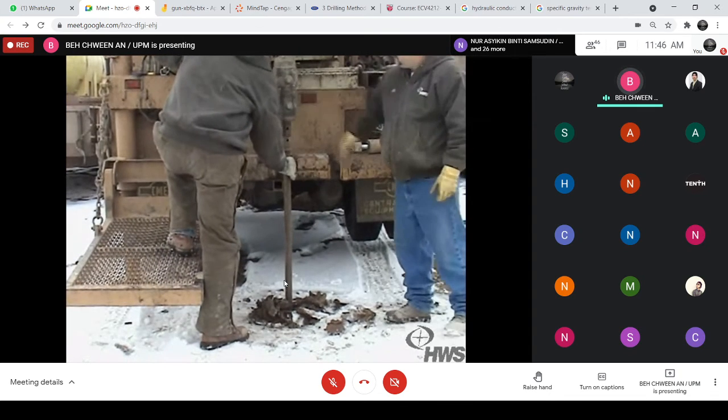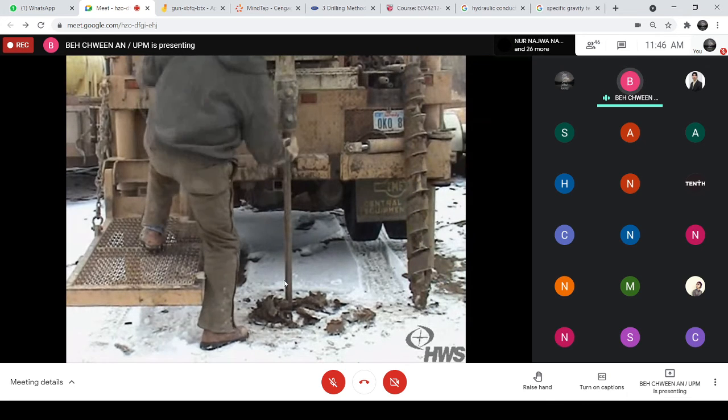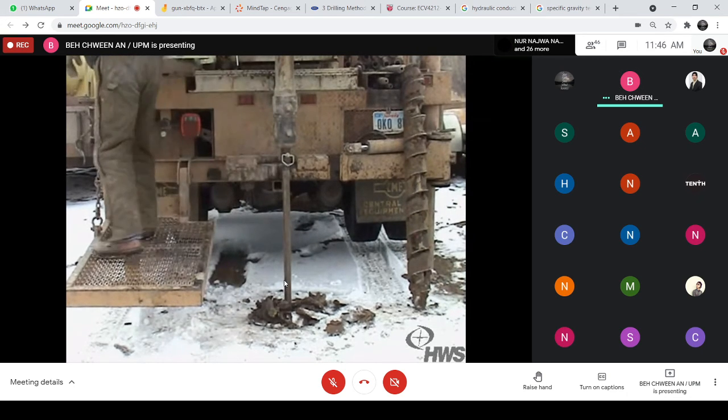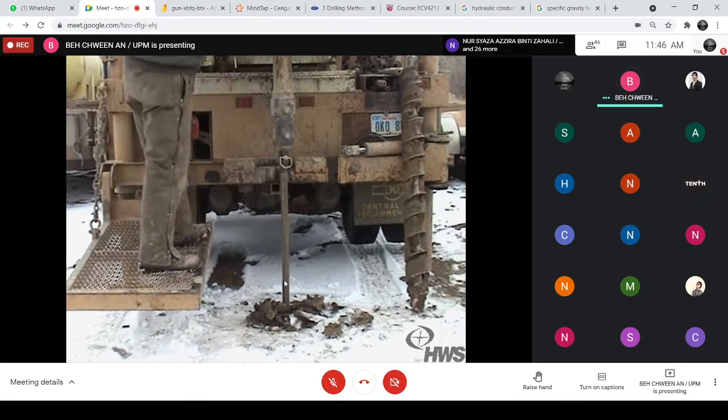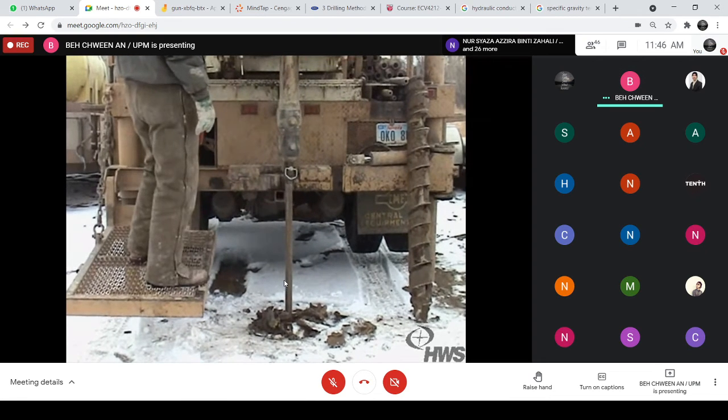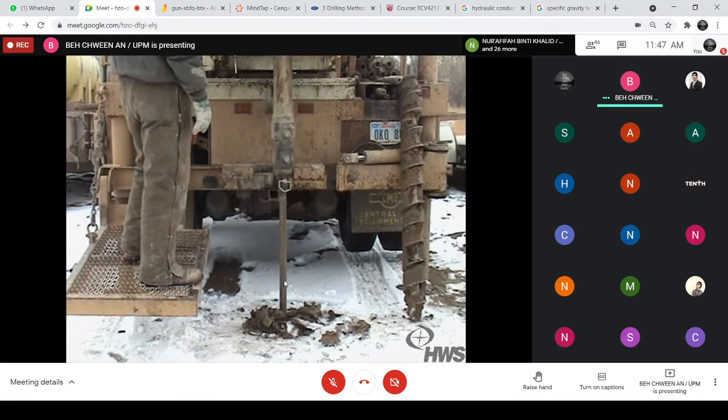So here is attaching the dual rope to the Shelby tube. And then the tube is pushed into the soil.